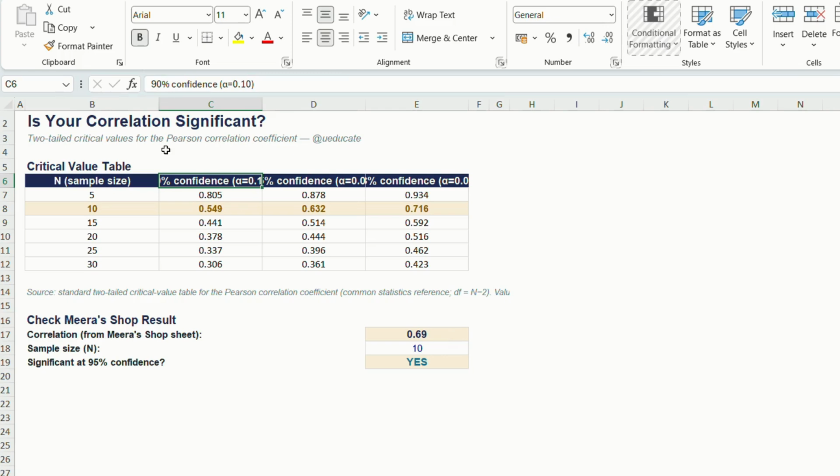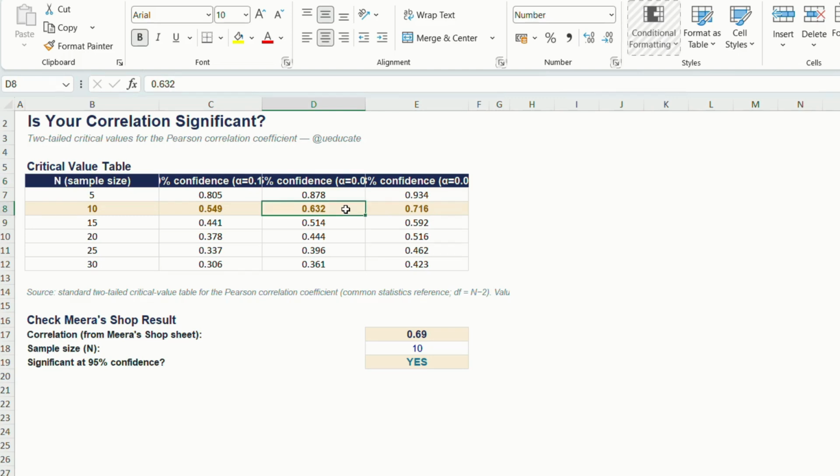Now we have confidence levels of 90%, 95% and 98%. And our correlation is 0.69, which clears the bar. With a sample size of 10, 0.69 clears the bar of 95% confidence, because the 98% level requires 0.71.